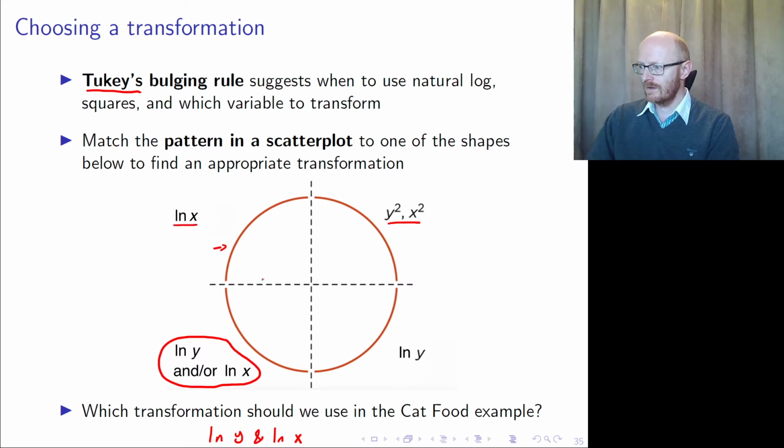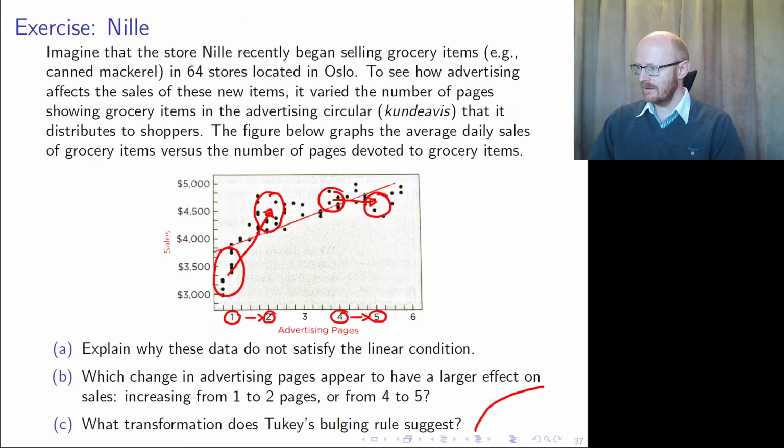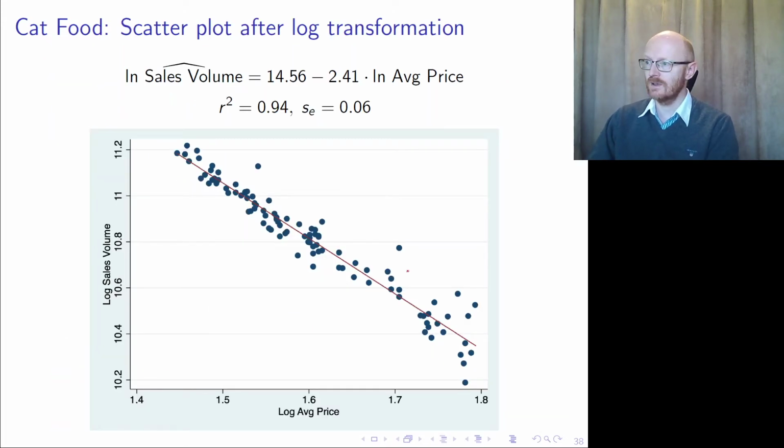So what we are looking for is a transform of the x variable, which means we are taking the logarithmic transform of the advertising pages. So this would be ln of x. Okay, so that was a tiny exercise.